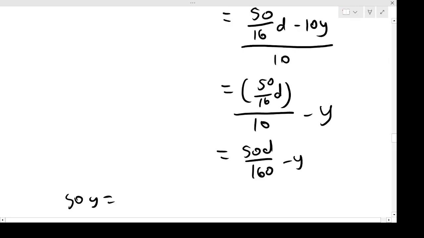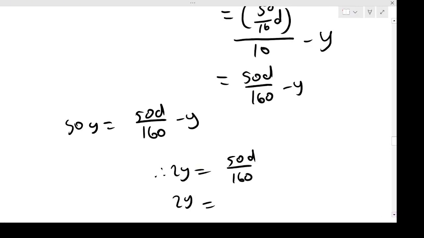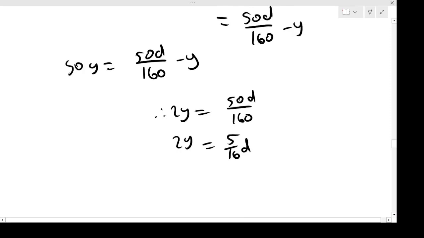So y equals 50d over 160 take away y. So if we add y to both sides, we get 2y is 50d over 160. Actually, this simplifies. 50 over 160 is 5 over 16, lots of d. Therefore, if we divide by 2, we just get y to be 5 over 32 lots of d.